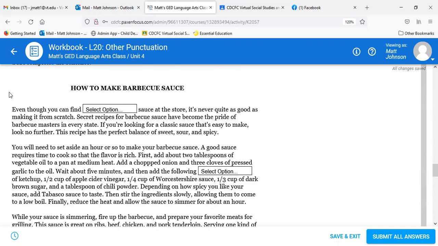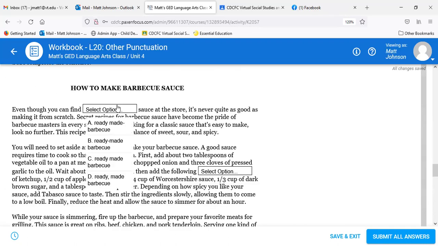Even though you can find blank ready-made barbecue sauce, Christiana, what do we use here?